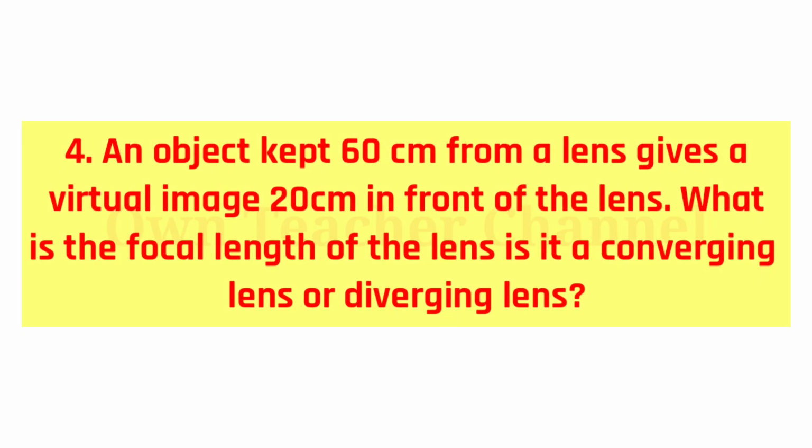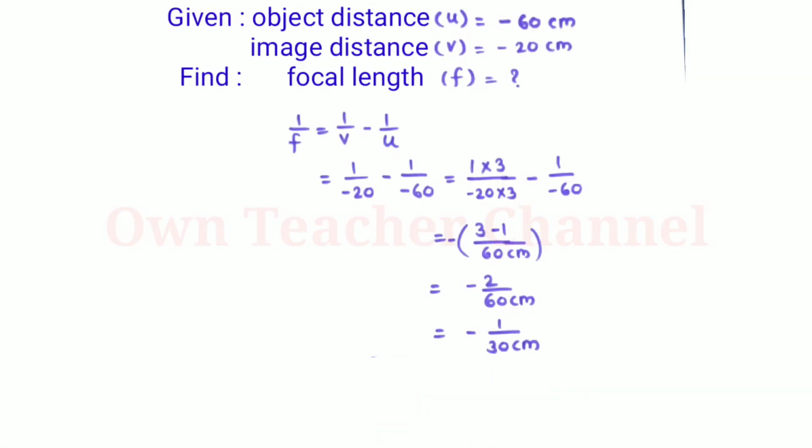An object kept 60 cm from a lens gives a virtual image 20 cm in front of the lens. What is the focal length of the lens? Is it a converging lens or diverging lens? In this problem, given object distance minus 60 cm, image distance minus 20 cm.